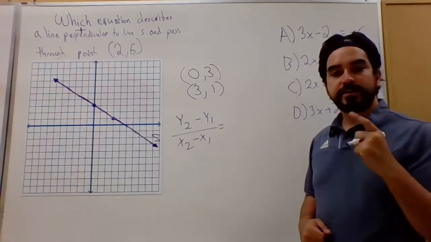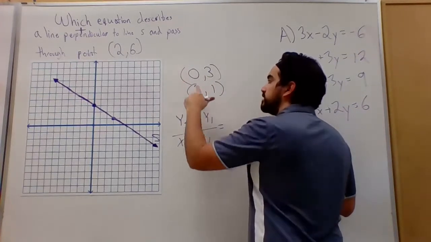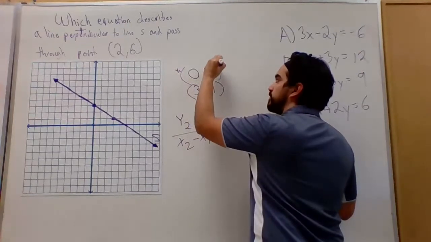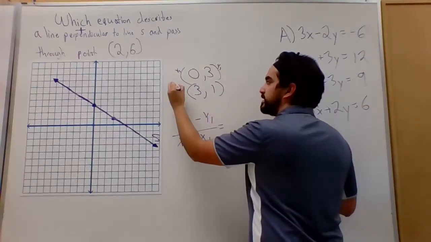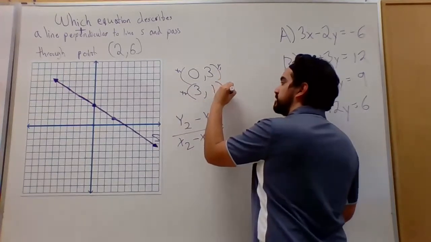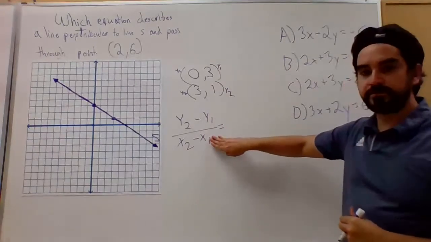So let's go ahead and label our points. 0 is going to be x1, so that means 3 is y1, 3 is x2, 1 is y2. All we're going to do now is substitute this into the formula.